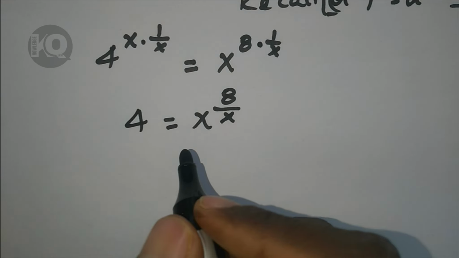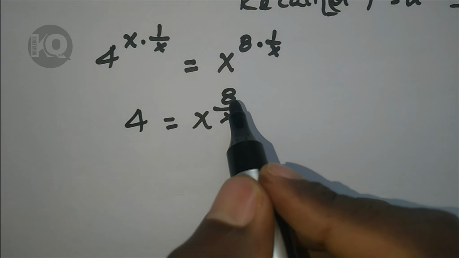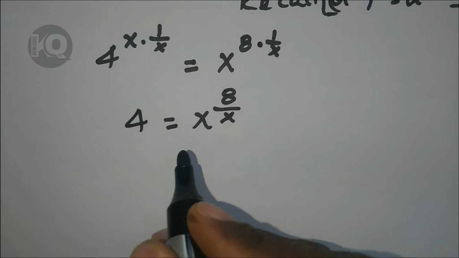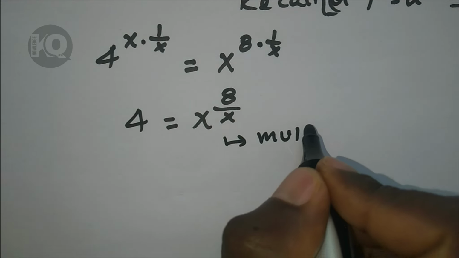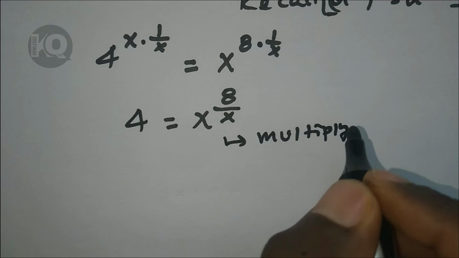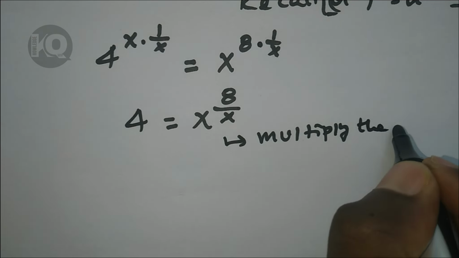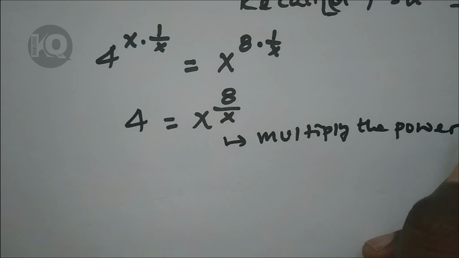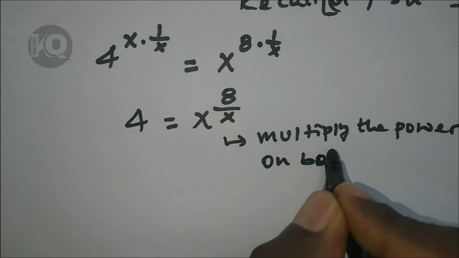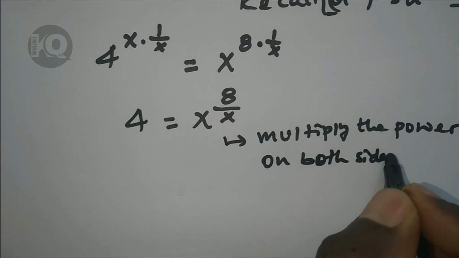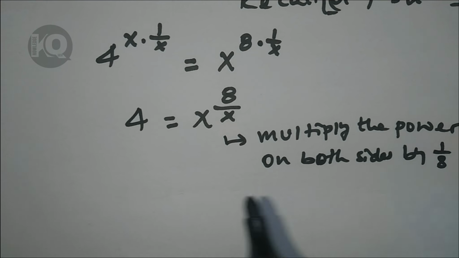Now in this second step, we have to eliminate this 8, so multiply the power on both sides by 1 over 8.